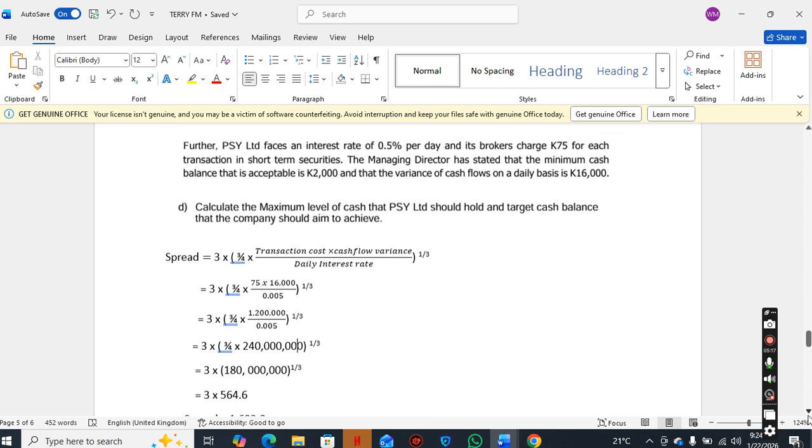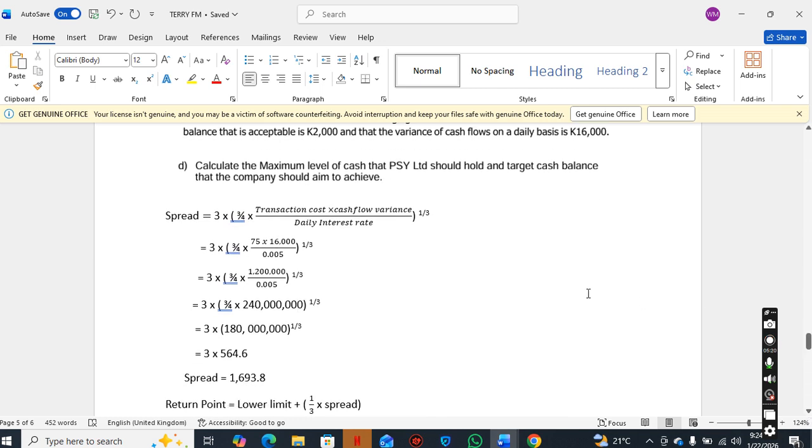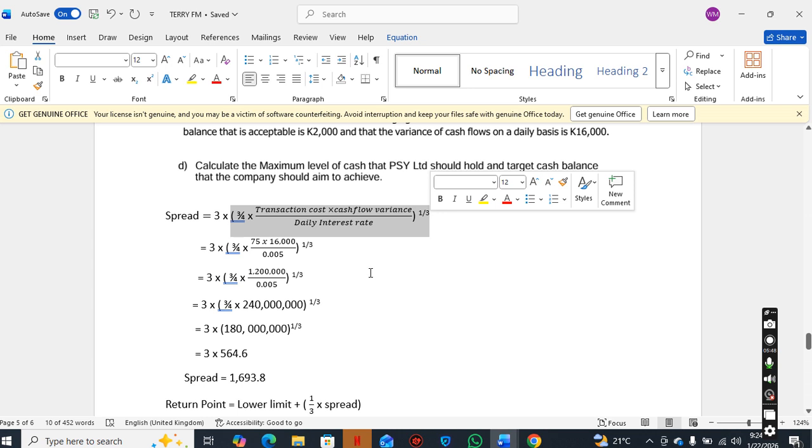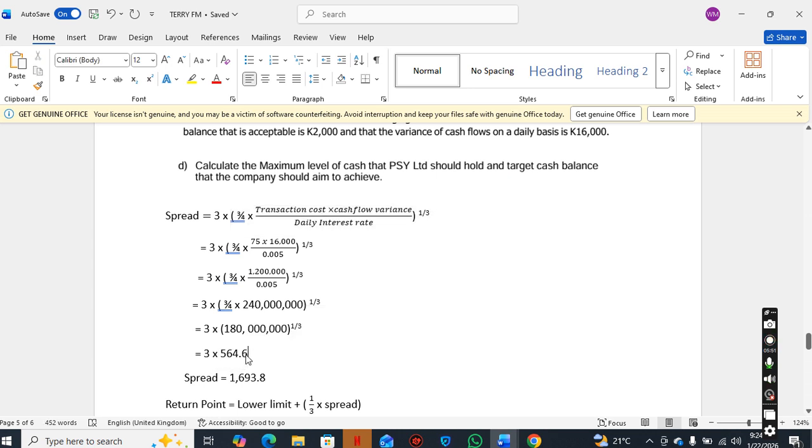So 30 seconds to just make sure the tabulations are correct. We are getting 564.6 when we do this tabulation here. You get the cube root. We're all getting 564.6.